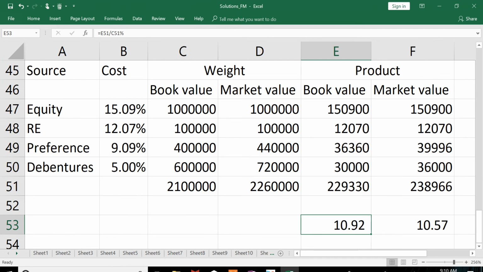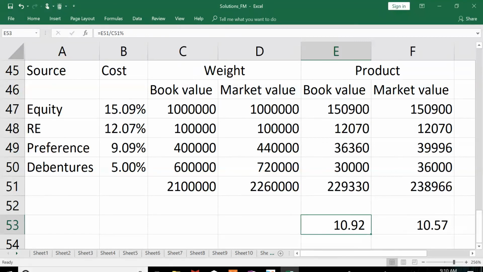This has to be split in the ratio of 10:1.